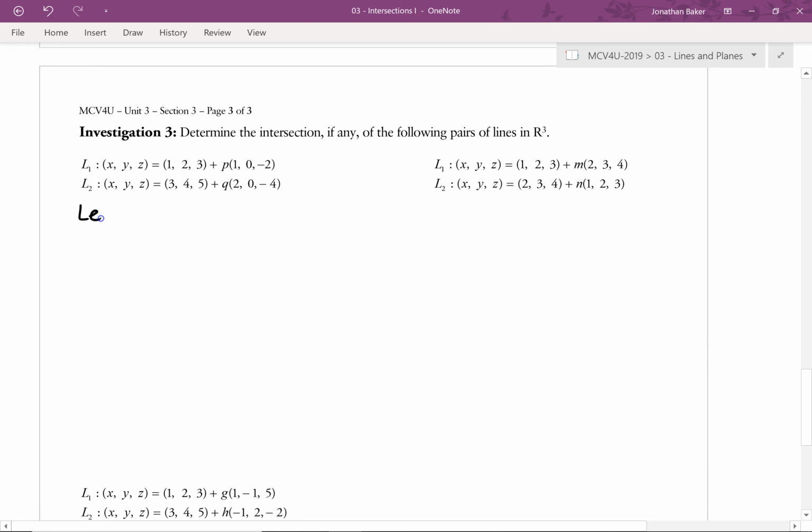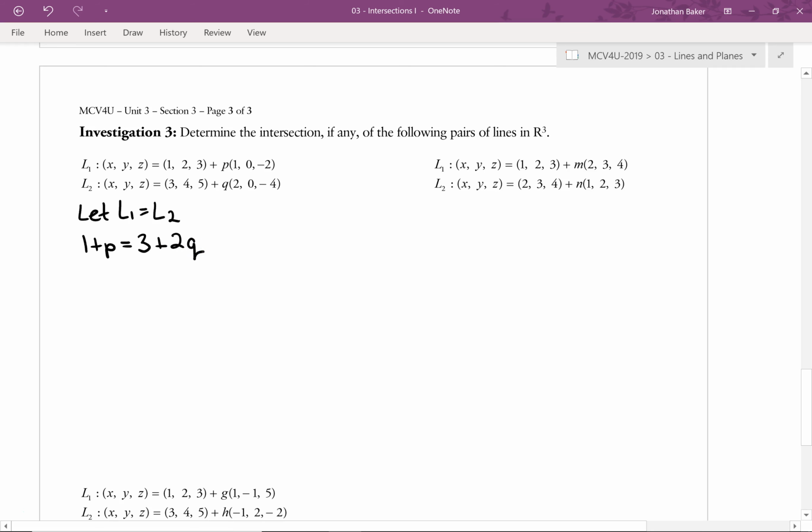So we'll say let L1 equal L2. And this time, we're going to have to equate all of the parameters in parametric form. So the x values are 1 plus p, which should be equal to 3 plus 2q.